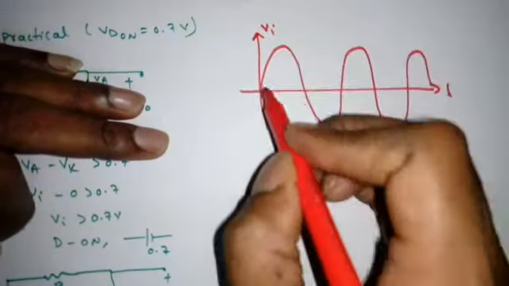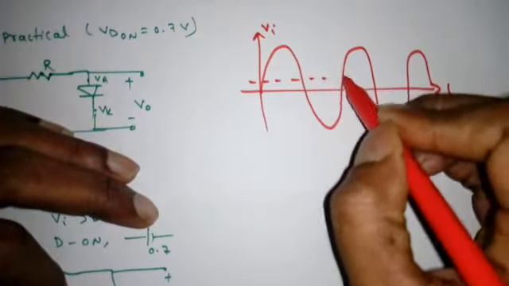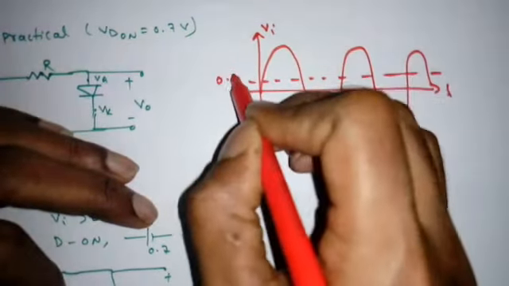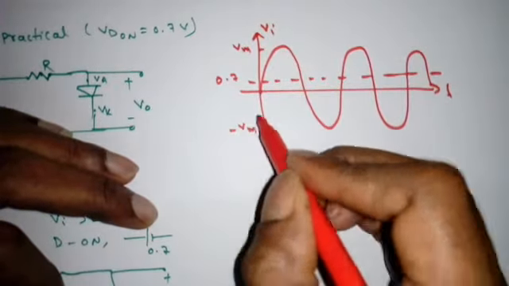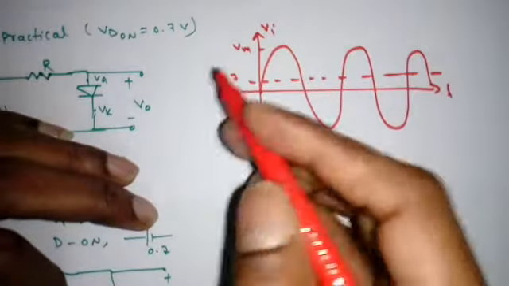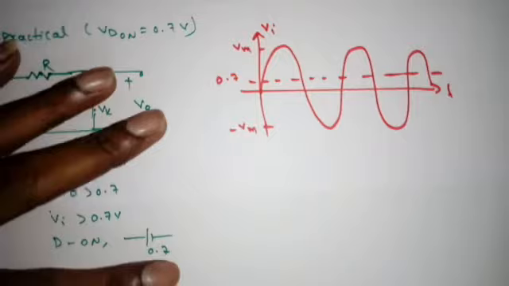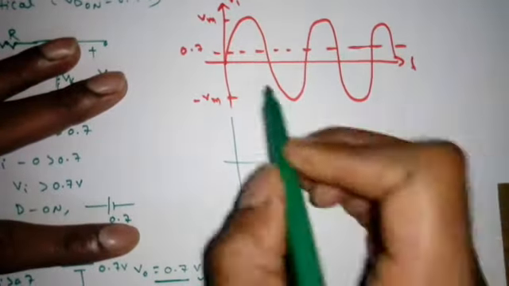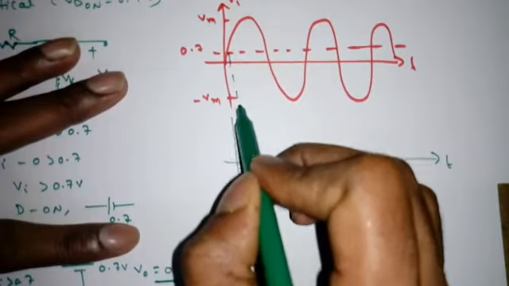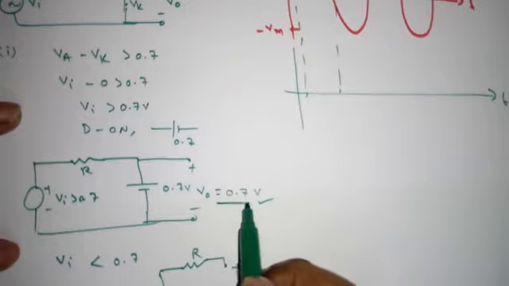Now if I want to draw the output waveform, this is the VI. If it is practical, there is a 0.7 volt, this is VM, minus VM. We can take values of VM also, 5 volt, minus 5 volt, 10 volts, minus 10 volts, etc. No problem. Now to draw the output waveform, when VI is greater than 0.7, what is V0? 0.7 volt.